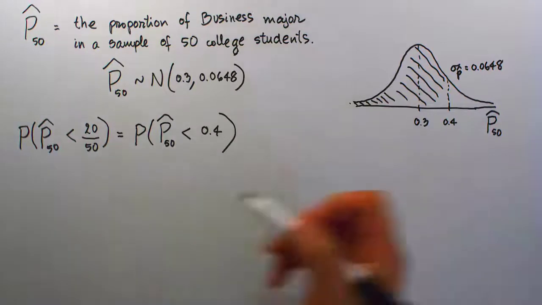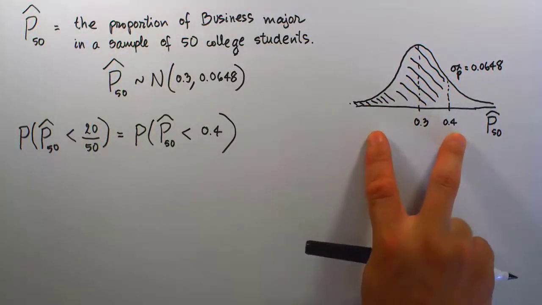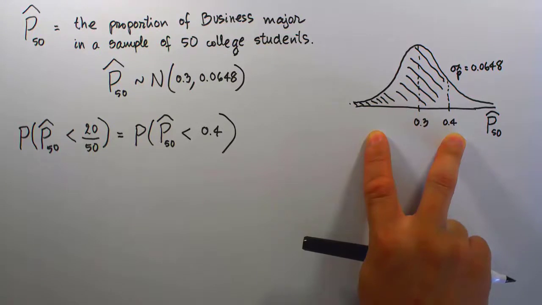And so now we realize that what we're looking at here is our usual work on the bell curve, the normal distribution. It's just our usual normal distribution problem now.